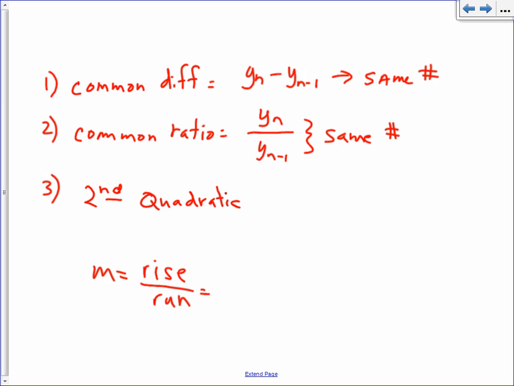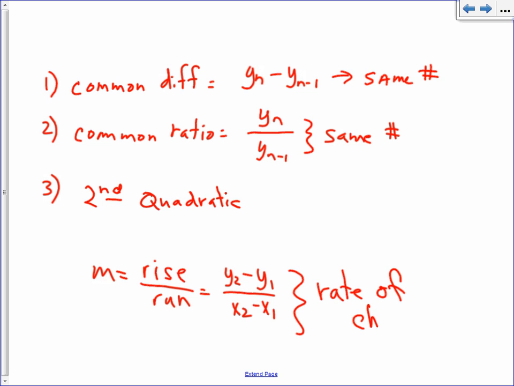But this time, instead of asking you to find the slope, they're going to say find the average rate of change. Don't let that intimidate you. Guys, the average rate of change is the same thing as the slope. So when it asks for the average rate of change, you just find the slope between those 2 points. Or it may say over an interval or something like that. You just find the slope.